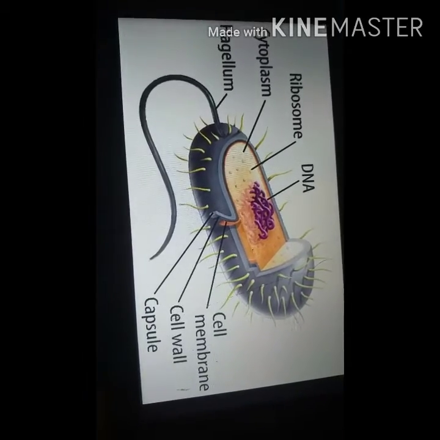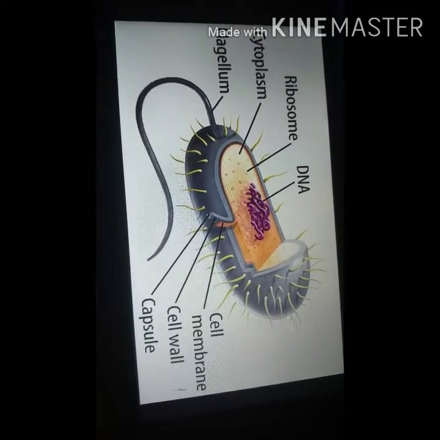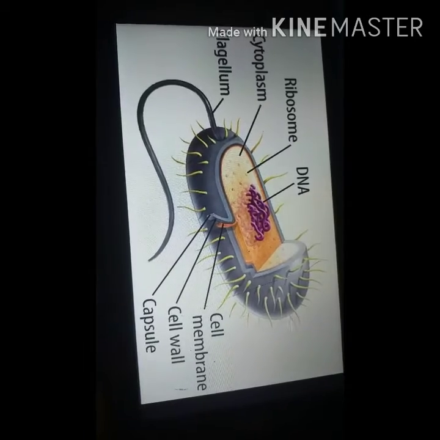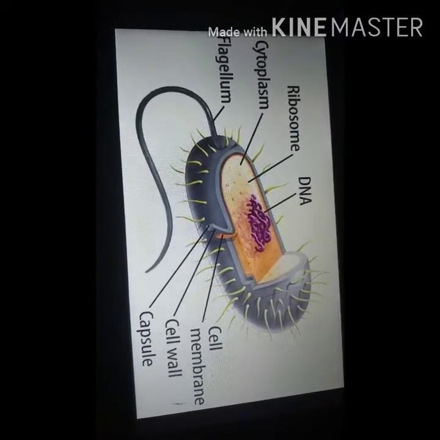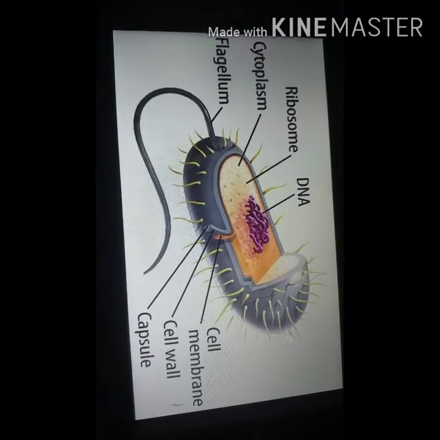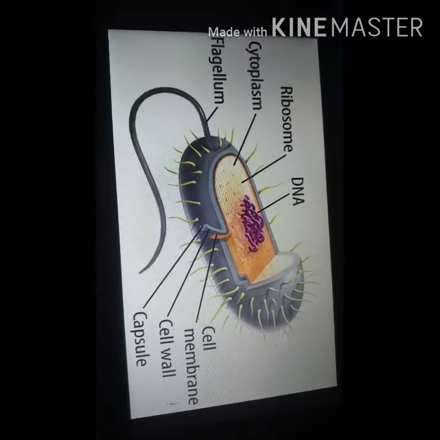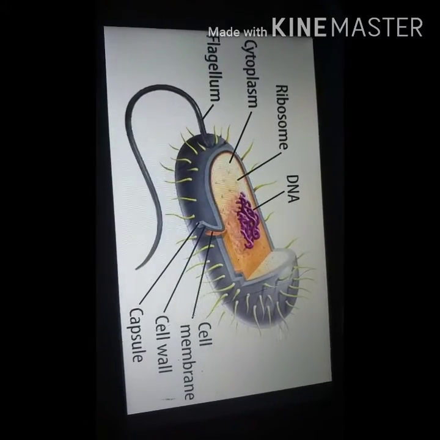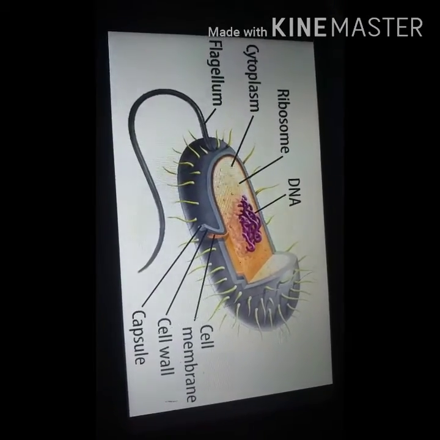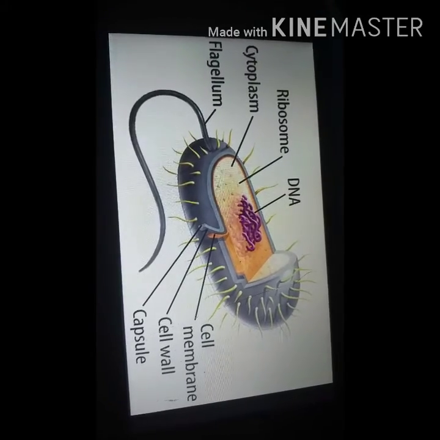Then the ribosome, which is the cell structure responsible for protein production. Then the cytoplasm is a gel-like substance composed mainly of water that also contains enzymes, salts, cell components, and various organic molecules.